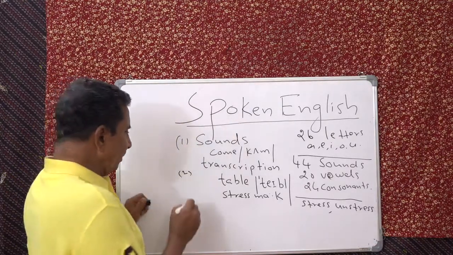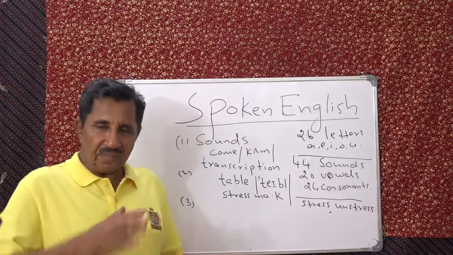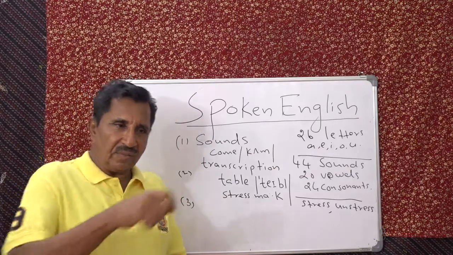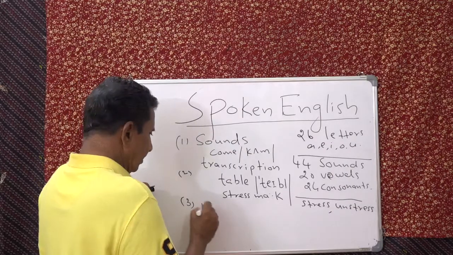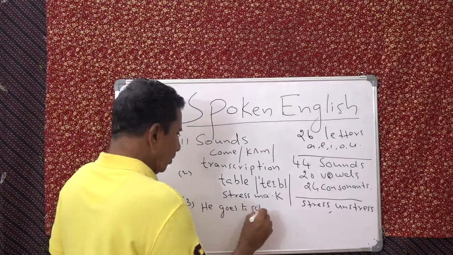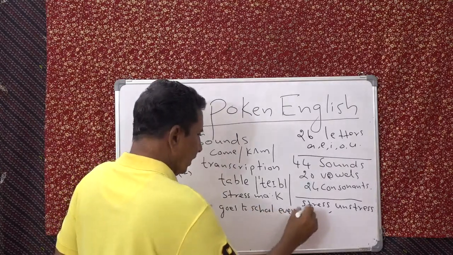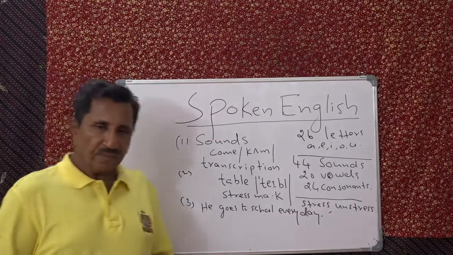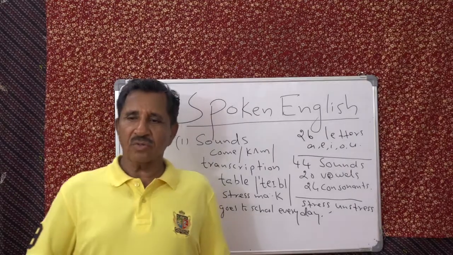Now, I just now told you about a rhythm. And there's a rhythm, then you have got, for example, sentences. He goes to school every day. So this is the sentence. Now you can say, without any change of tone, he goes to school every day.